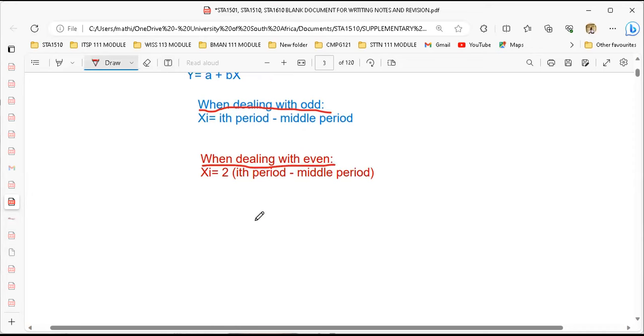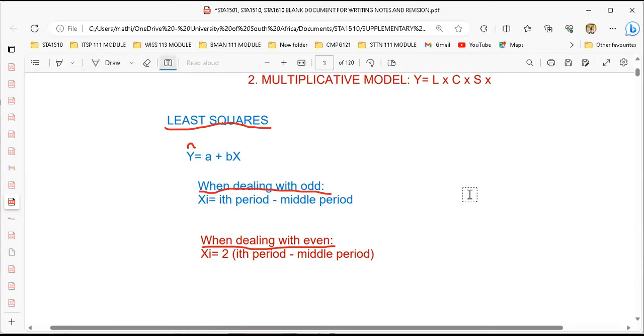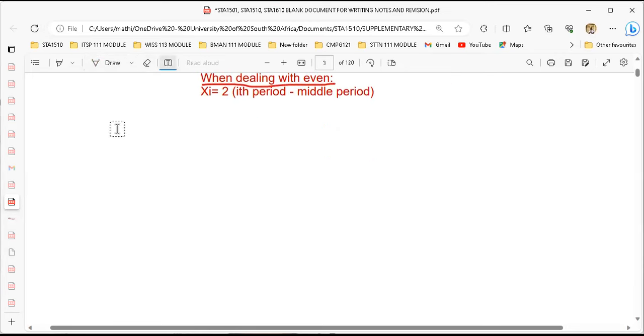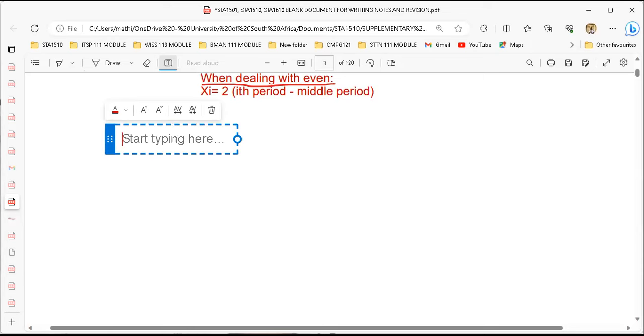Okay, let's look at one example of how to calculate the transformed x values and how to calculate the least square equation. Very interesting. I'm just going to do one question here. Let's say, for instance, we are given this question.